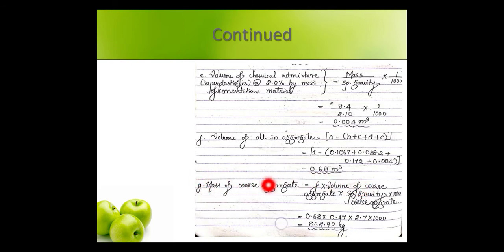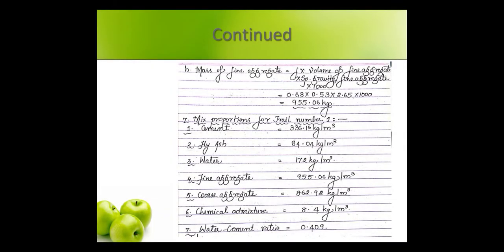So we will be getting the mass of coarse aggregate. Similarly you need to find the mass of fine aggregate also. You already have found out the volume of fine aggregate. So substitute that into 0.68, that is all-in-one aggregate volume, into specific gravity, into 1000. So you need to multiply, you will be getting the mass.